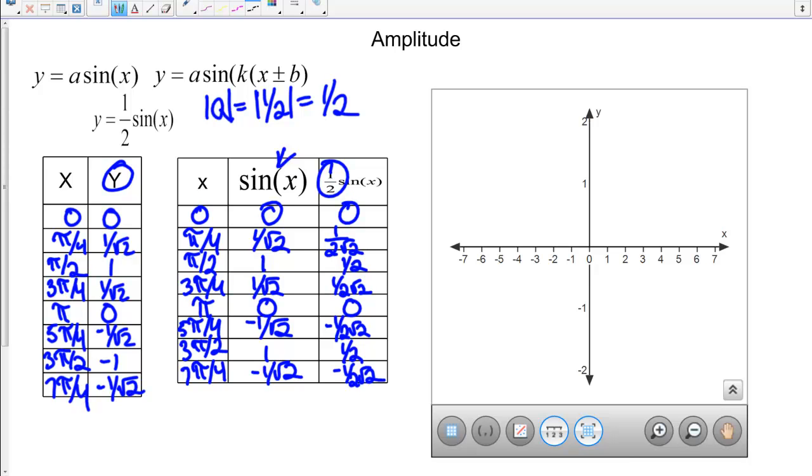Alright, so now when we graph these points for sine, we're going to get something that looks like this, where our maximum is 1/2 and our minimum is negative 1/2. So we have shrunk this vertically by 1/2.